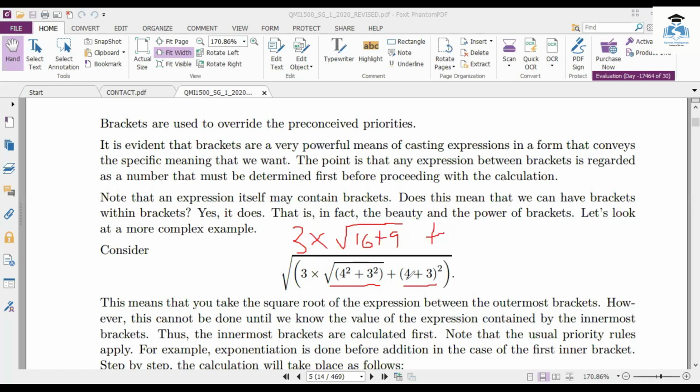Plus this one, what you do, you start by adding first. 4 plus 3, that's what? That's 7, right? Remember, B is brackets. So 4 plus 3, that's 7. 7 to the power 2, that's 49. So we've got 49. Then all these, they are inside a square root. Okay.